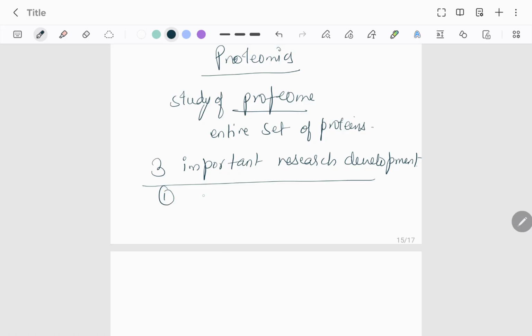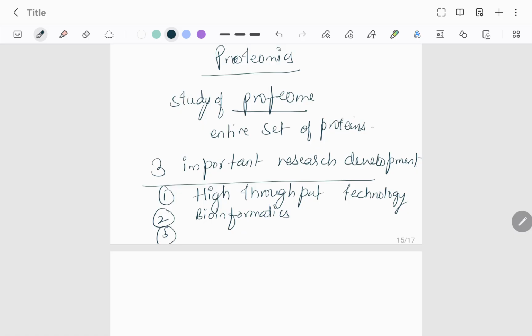One is high throughput technology. The other is bioinformatics, and the third one is formation of interdisciplinary research teams. Okay.